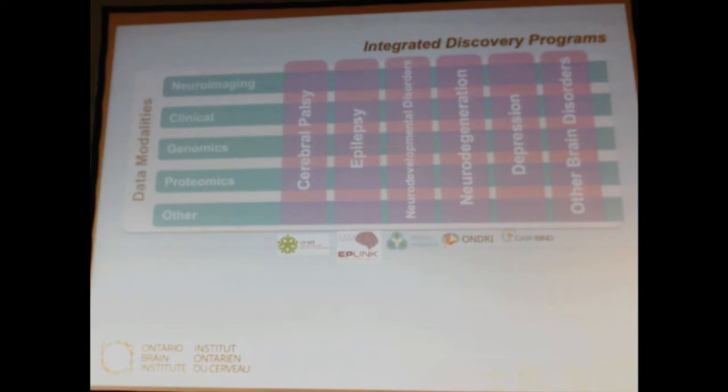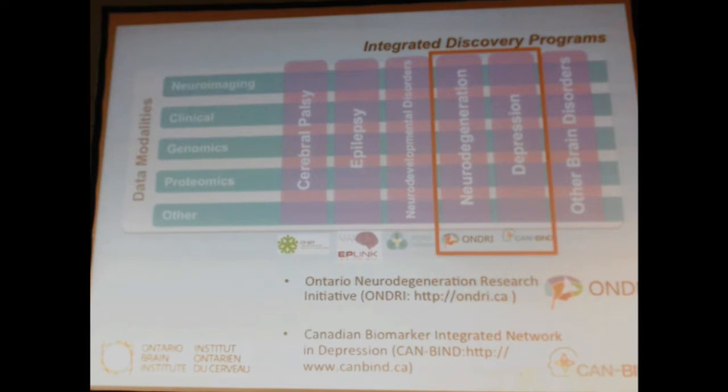So we're doing this in the context of the Ontario Brain Institute's integrated discovery programs, specifically the Ontario Neurodegeneration Research Initiative, in which I run the Neuroinformatics Core, and the Canadian Biomarker Integrated Network in Depression, in which I'm co-PI of the neuroimaging section.